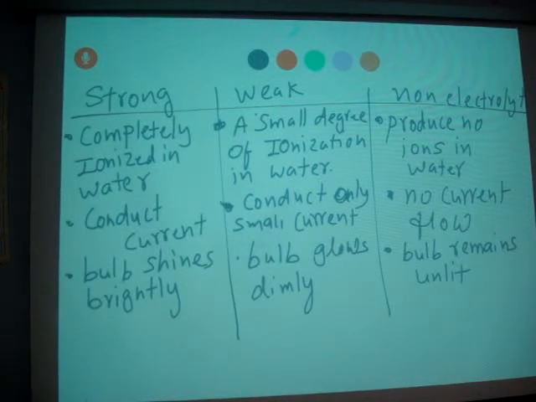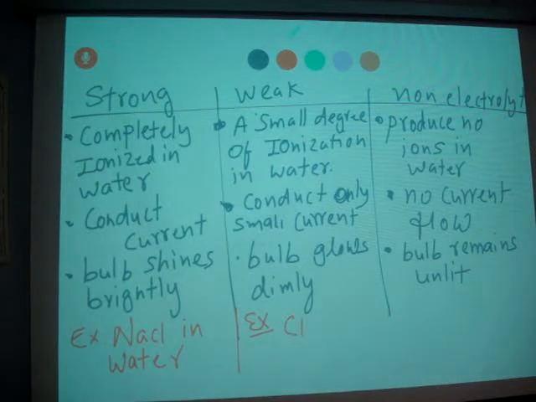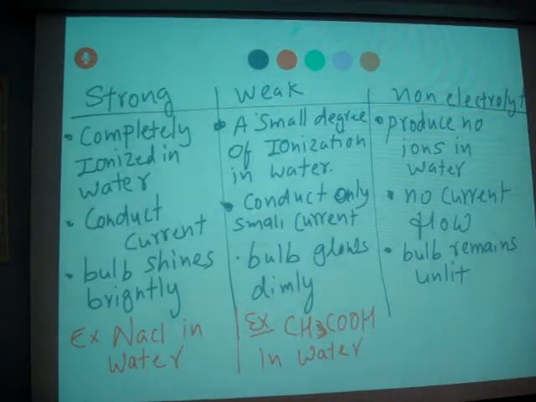Now let's see if I can give you some examples. For the strong ones, for example, NaCl in water, that's a strong one. Acetic acid, CH3COOH, in water is a partial dissociation, a weak electrolyte.